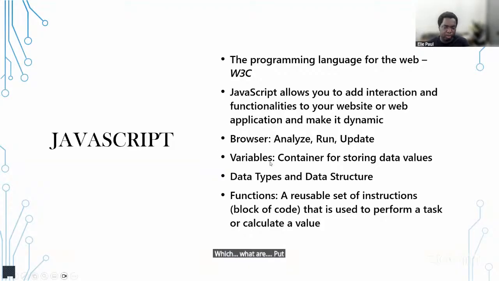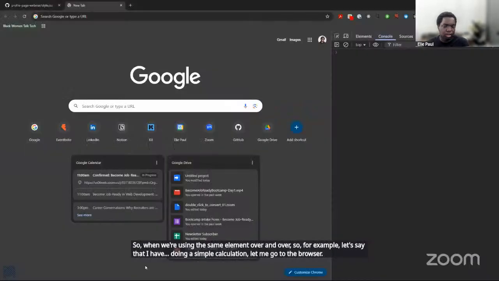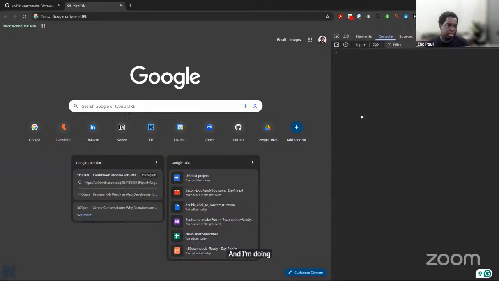There are variables. So when we use the same element over and over, for example, let's say I'm doing a simple calculation. Let me go to the browser. I'm doing a simple calculation for, let's say, 5 plus 2, which is going to give me 7.